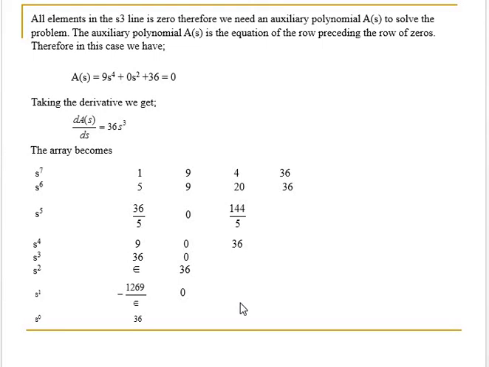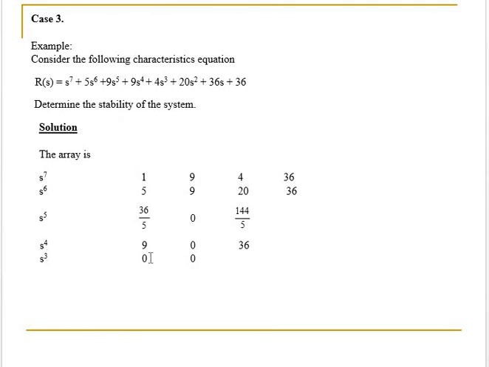Therefore in this case we have 9 s power 4. We got this from the previous line, because you see S3 is all 0, and then we use the previous line. Here it is s power 4.